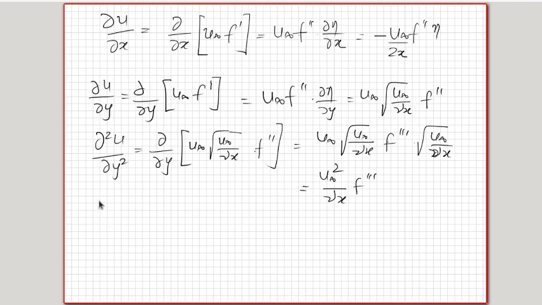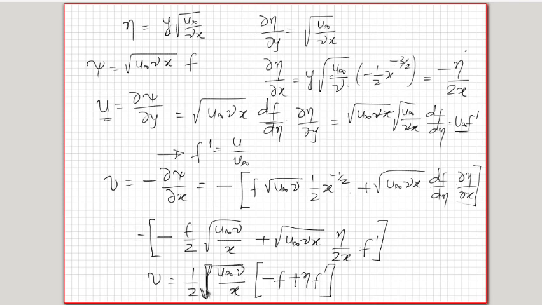So I'll get u ∂u/∂x where u is u∞ f' into ∂u/∂x is here, which will be minus u∞ divided by 2x into f'' η. This is u ∂u/∂x plus v ∂u/∂y. V is here. Okay, this is half √(u∞ν/x) multiplied by minus f plus η f'. Okay, so let's copy that here.